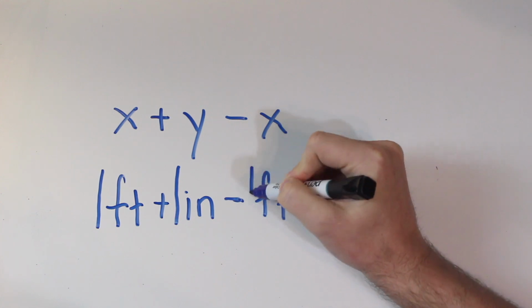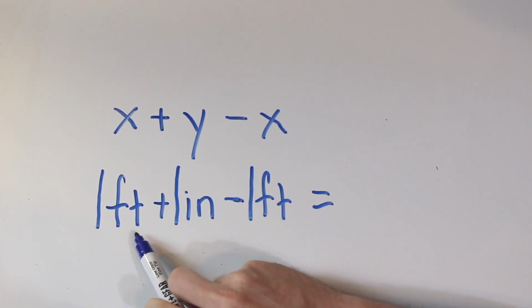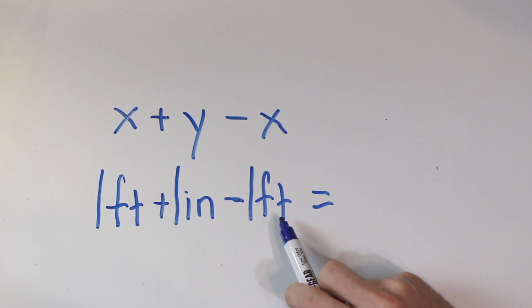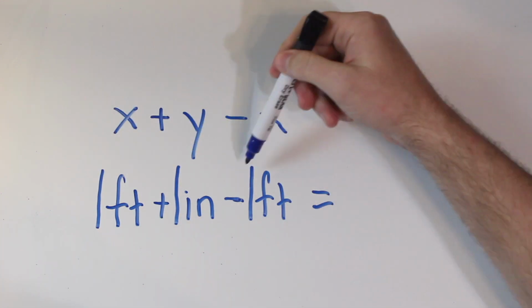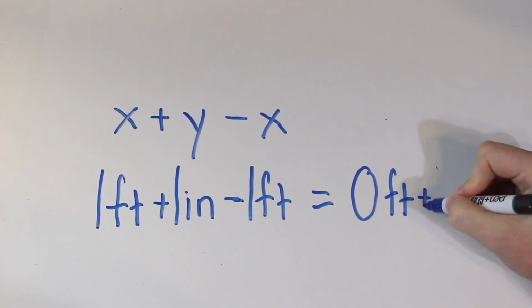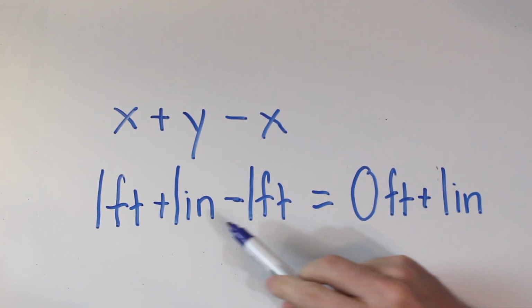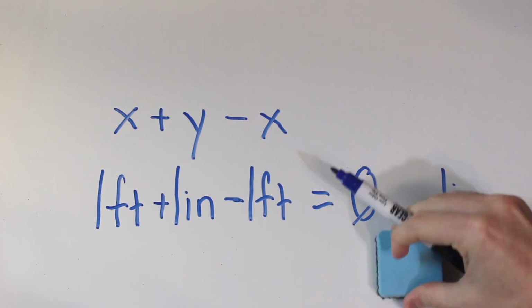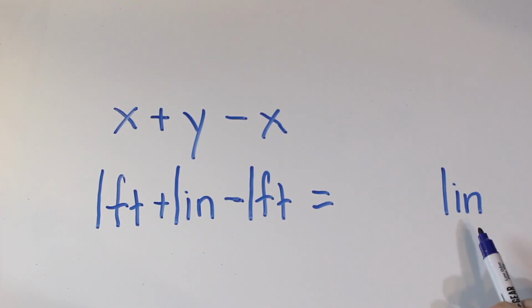This problem wouldn't change if we said 1 foot plus 1 inch minus 1 foot. What's 1 foot minus 1 foot? 0 feet. So our answer would be 0 feet plus 1 inch. You don't have to say the 0 feet part, so we can erase that. Our answer is simply an inch.